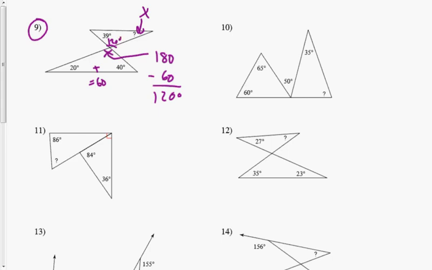And to find x, we could say that x plus 39 plus 120, or just add 120 and 39 together and subtract from 180, because those three added up should equal 180. So if I add those together, this one and this one, I get 159.